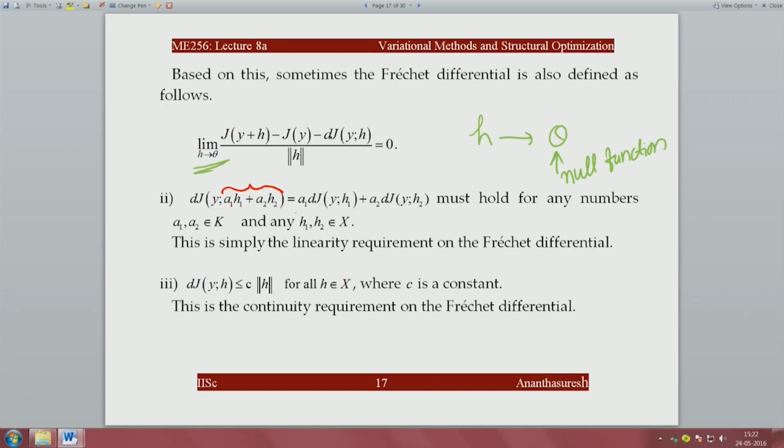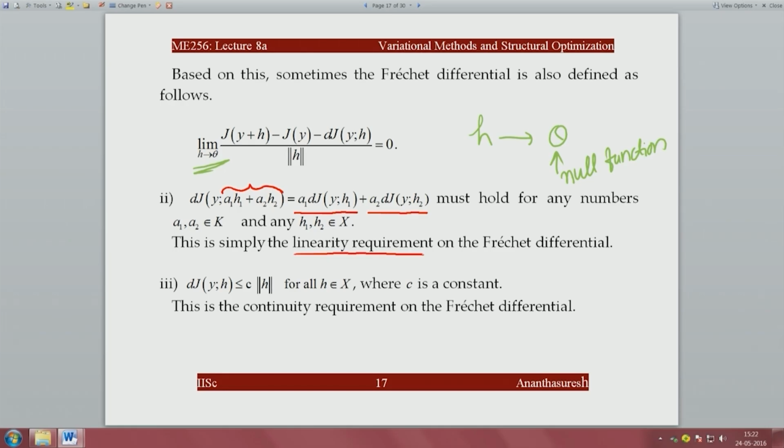Then you can write it as a1 times the Fréchet differential of h1, where h1 is an arbitrary function, plus a2 times the Fréchet differential of h2. So this holds, that means that linearity holds for the Fréchet differential, and so it does for the Gateaux variation, because Gateaux variation being a first order thing, it is linear, just like when we have a function f of x, when I take the gradient and multiply it by delta x, that is a first order term, that is a linear term. Similarly, the functional that we get, which is the Fréchet differential or Gateaux variation, is linear, okay.